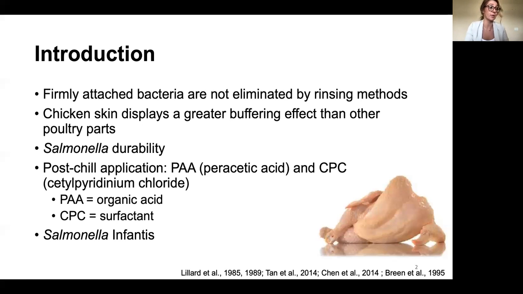Salmonella infantis is becoming a significant problem in public health as well as food safety. Thus, the current study concentrated on the potential beneficial antimicrobial effects of CPC on Salmonella typhimurium and Salmonella infantis when inoculated on chicken skin compared to PAA.